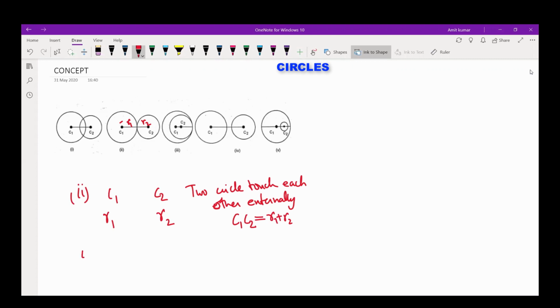Now for the third diagram, again we can find out the centers of the two circles from the equation and their radii. In this case, these two circles are touching each other internally.